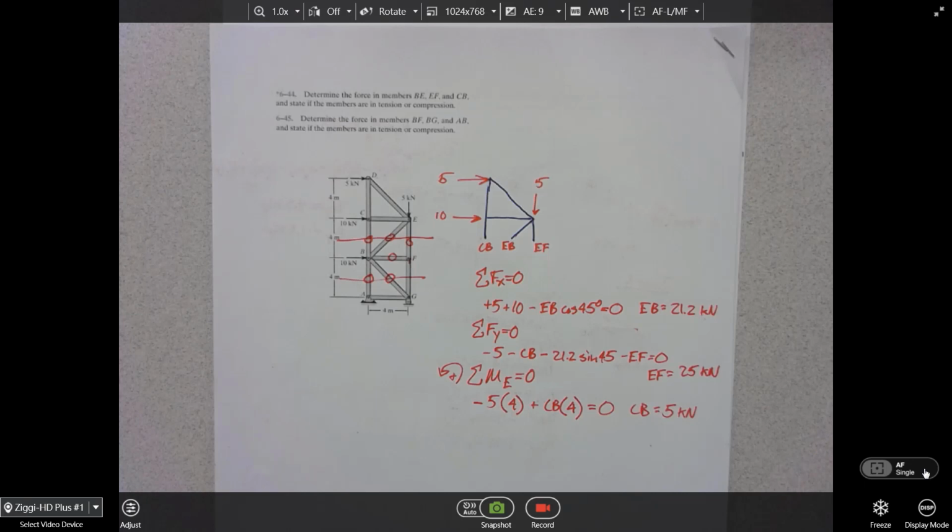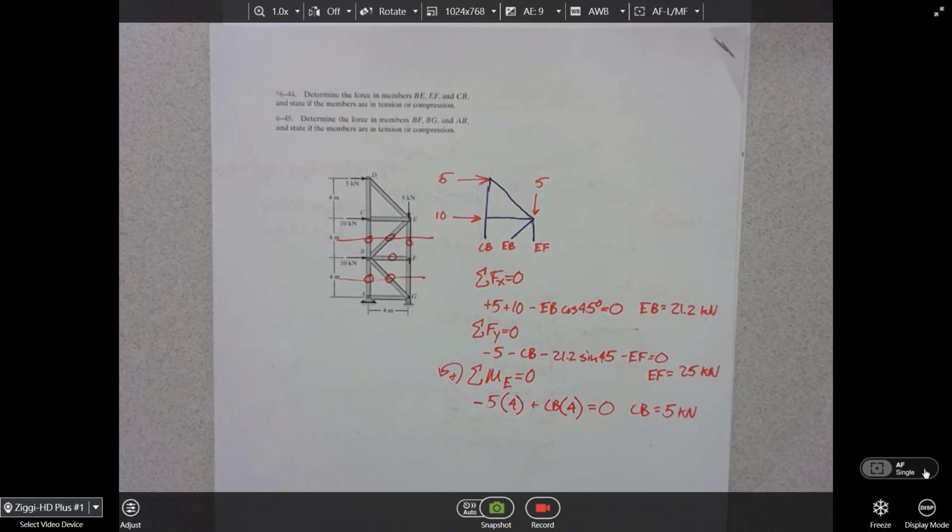What do I have acting in the y? Minus 5, minus CB, minus 21.2 sine 45, minus EF equals 0. Okay, I've still got 2 unknowns.